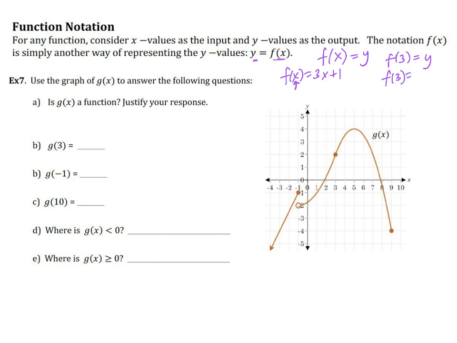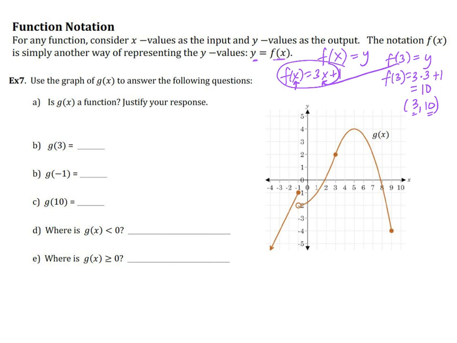Well, we would put 3 times 3 plus 1, because I'm inserting 3 into x, so 3 times 3 is 9, plus 1 is 10. So in other words, when I input an x value of 3, I get a y value of 10 if this were my function, and that represents a point on the function.